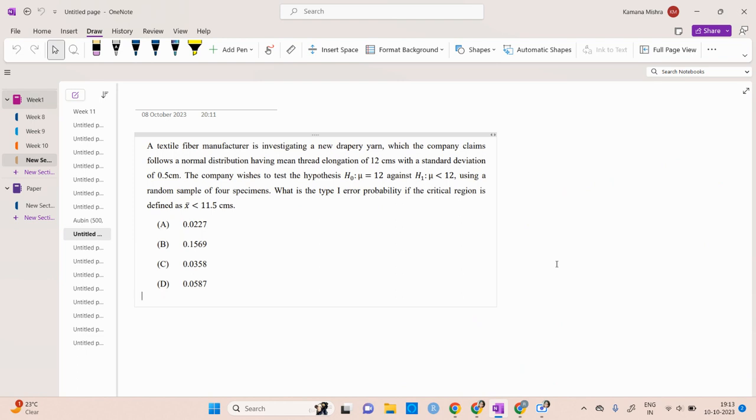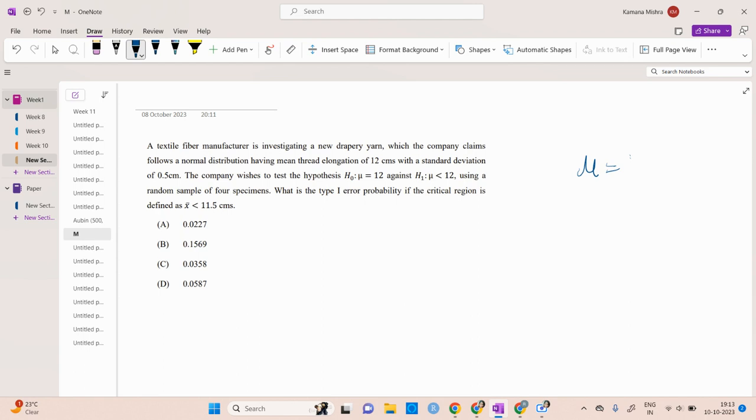Okay. So the next question we have here is that a textile fiber manufacturer is investigating a new drapery yarn, which the company claims follows a normal distribution, having a mean thread elongation. So the claim of the company is that the mean thread elongation is 12 and the standard deviation is 0.5 centimeter, right?